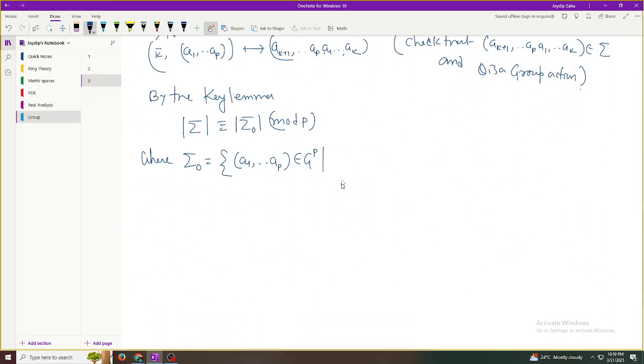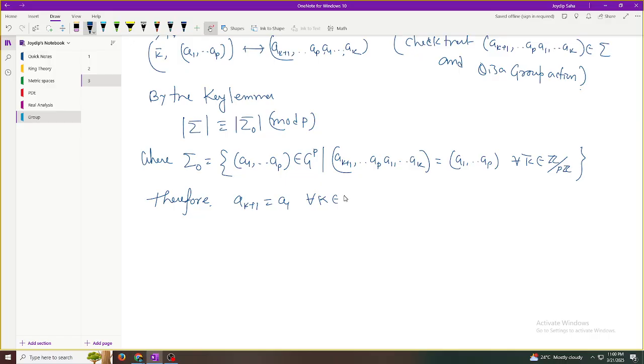So here k x equals x, where x is our tuple, for all k bar belonging to Z mod pZ. Therefore ak+1 equals a1 for all k belonging to Z mod pZ.